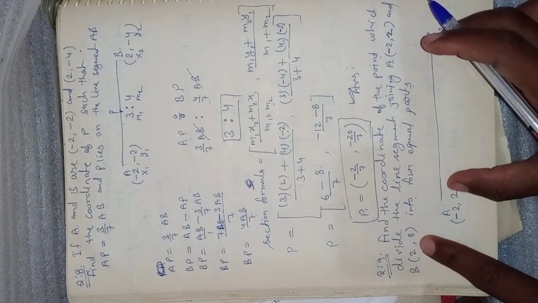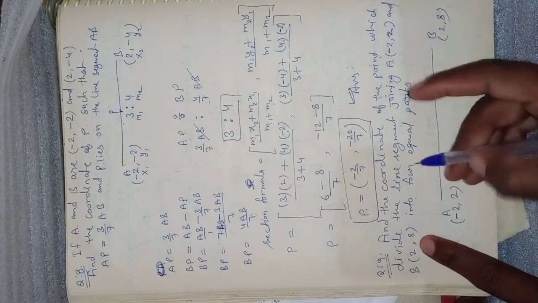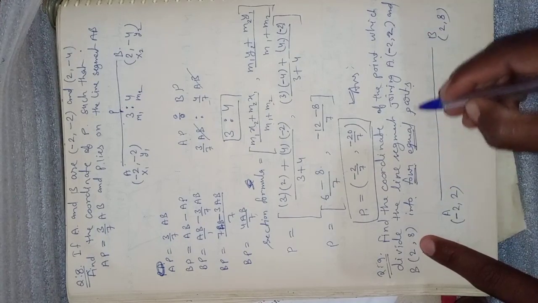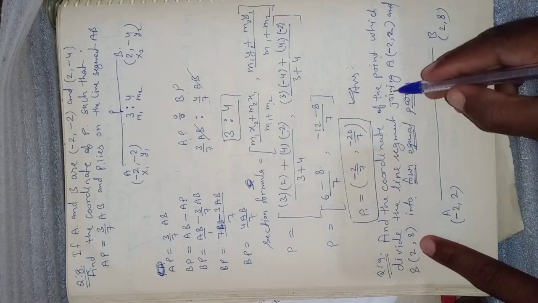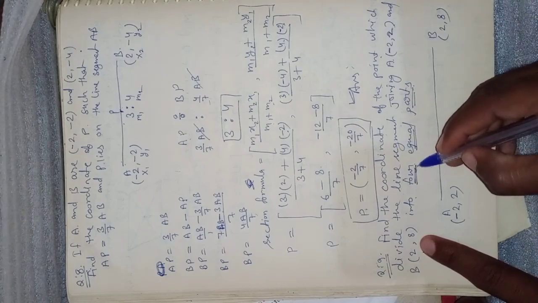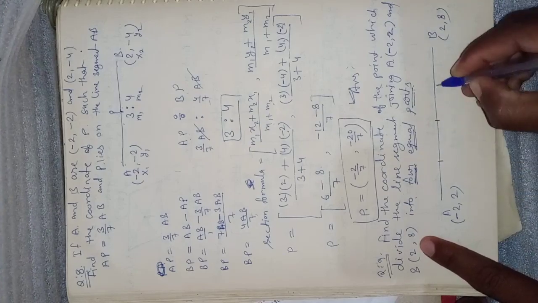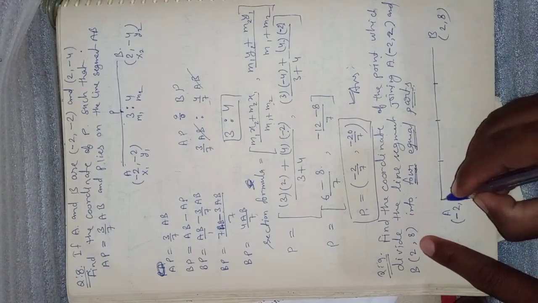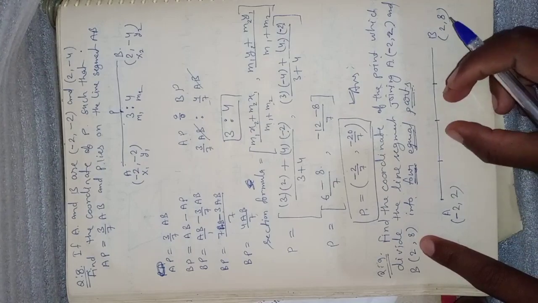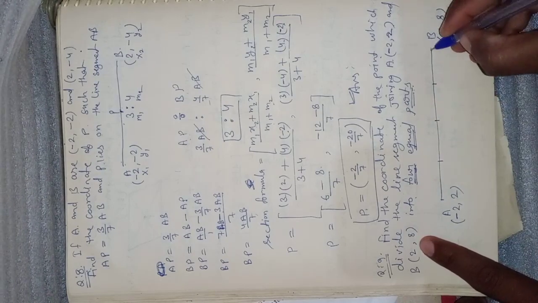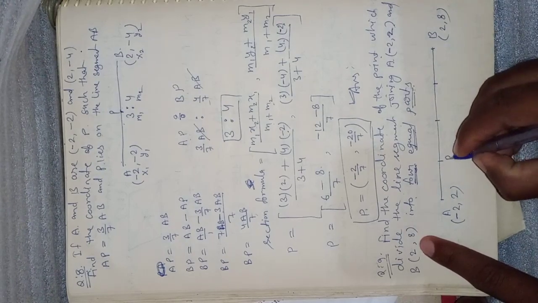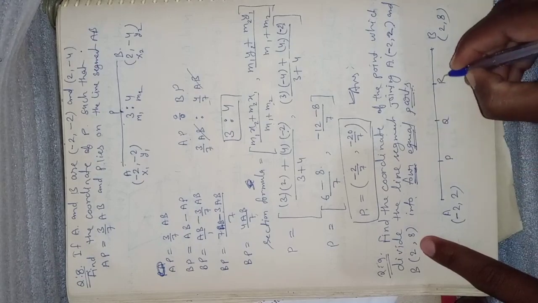Line segment AB is divided into 4 equal parts: first part, second part, third part, and fourth part. Name the division points P, Q, and R.